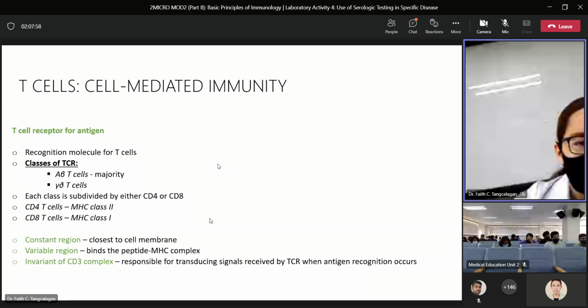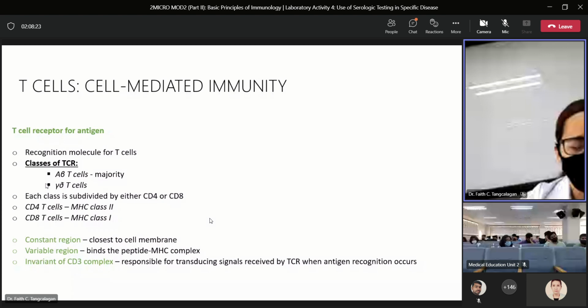So another is the structure of your T cell receptor, and the classification or the types of your T cell receptors for each of these antigens. The cells can be alpha beta T cells or gamma delta T cells, but mostly the majority is from the class of alpha beta T cells.